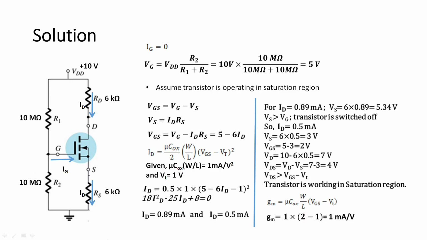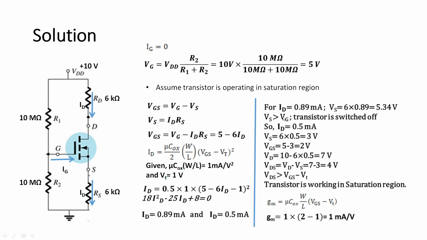From this equation we get two values of drain current. One is ID equals 0.89 milliampere and the other is ID equals 0.5 milliampere. If I consider the drain current as 0.89 milliampere, then source potential Vs equals 6 into 0.89 equals 5.34 volt.